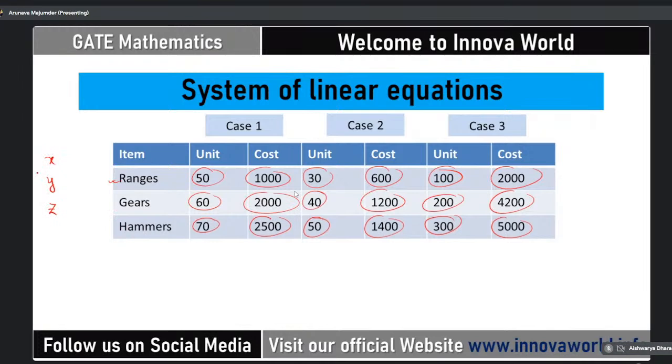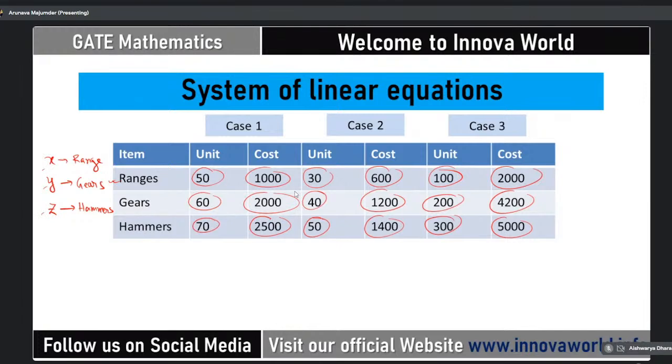These three variables are the unit production costs. x is the unit production cost of ranges, y is the unit production cost for gears, and z is the unit production cost for hammers. Now what we actually need here is to find out the values of x, y and z.